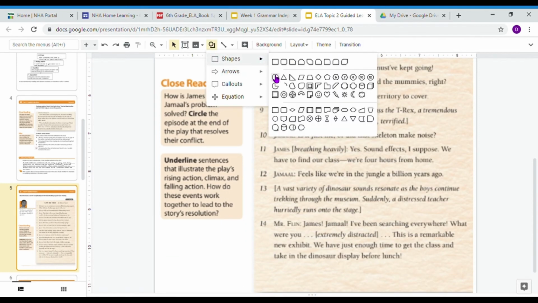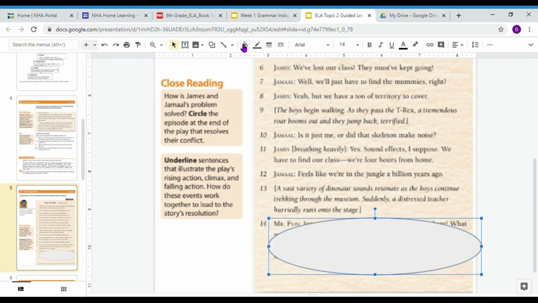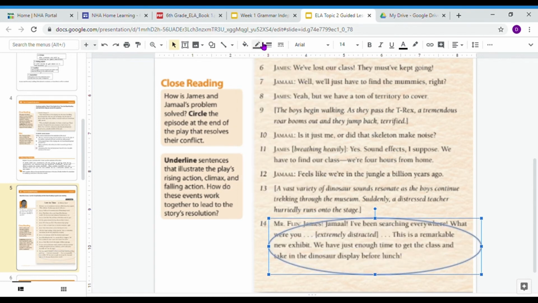So their problem got solved when Mr. Flynn comes around, right? And he's like, "Hey, y'all, we've been looking for you forever." And then they realize, on top of solving the problem, that they're not even going to be in trouble. And then we're going to underline the sentences that illustrate the play's rising action, the climax, and the falling action. And then we're going to talk about how these events work together to get to this part, our resolution.